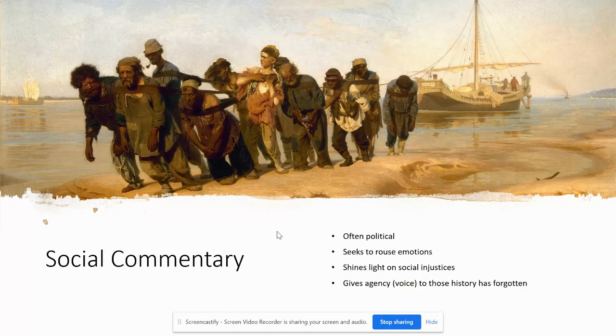Now, in terms of social commentary, these types of representations of the human body are often political. Here we see a very famous Russian painting. It is the Barge Haulers. And what the artist here is trying to convey is the deplorable conditions of the serf population. So the peasant population in Russia during this time, in which there is steamboat technology.